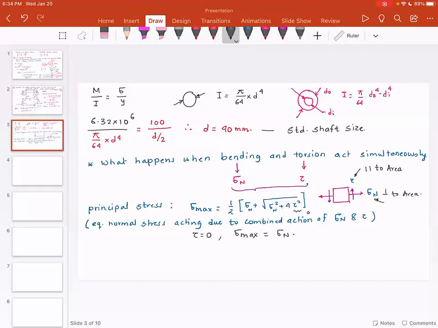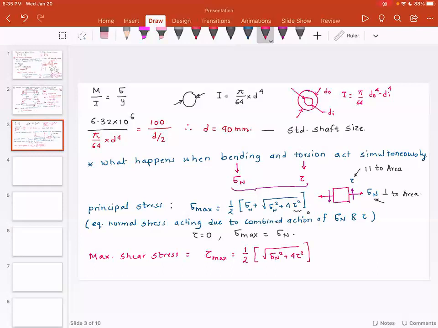And if you resolve that stress parallel to the area, which means in the shear stress direction, that is nothing but maximum shear stress. So maximum shear stress, tau max, is equal to 1/2 square root of sigma n square plus 4 tau square.